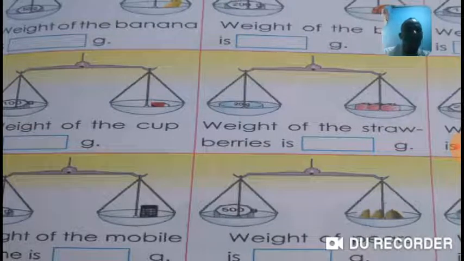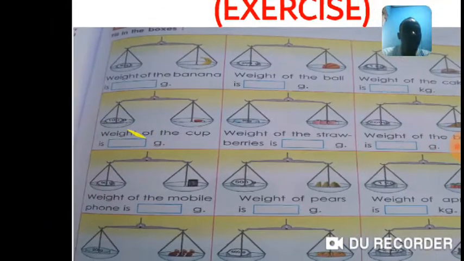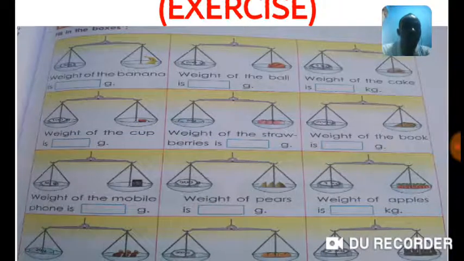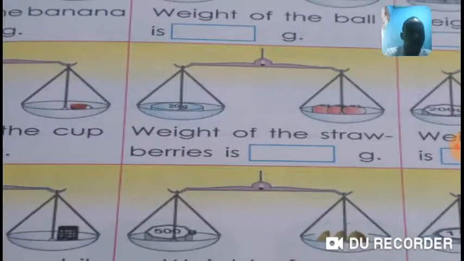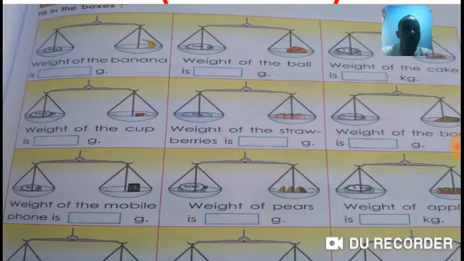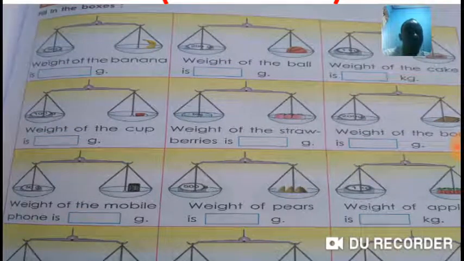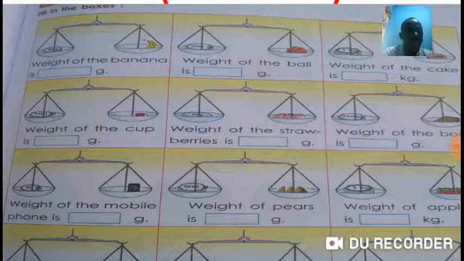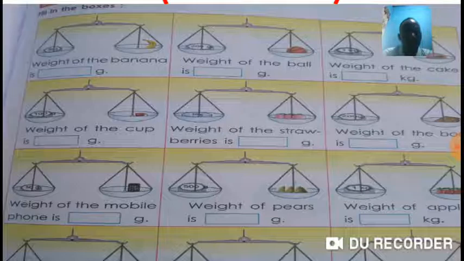Now let's come to that of the ball. We look at the weight on our left hand side, and then we compare it to that of the ball. The same thing for the strawberries.